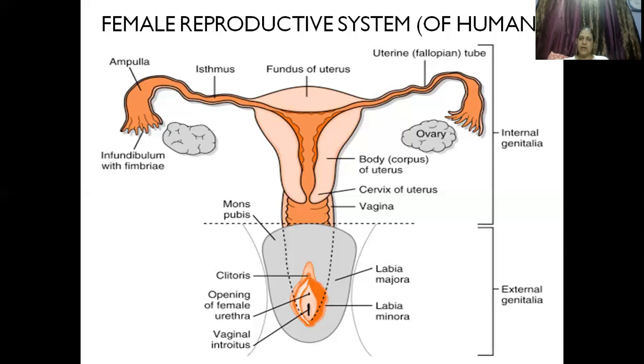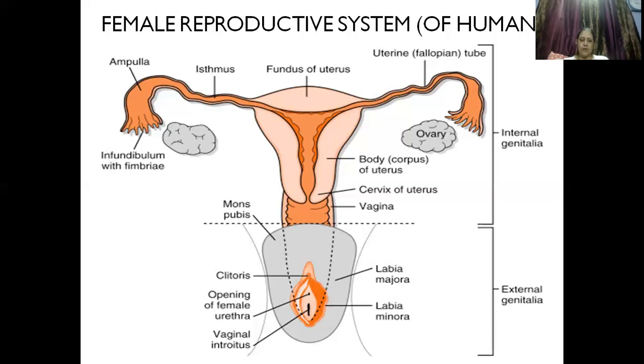They produce the egg or the ovum. Each of the right and left ovaries produces one egg at a time. That means in one month, maybe the left will start with producing an egg, and the next month the right side ovary will produce the egg.